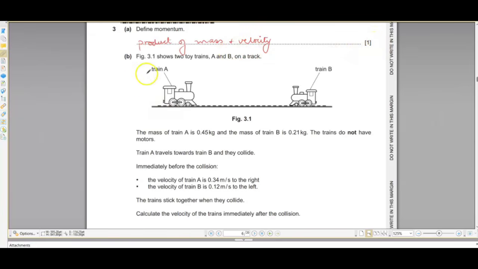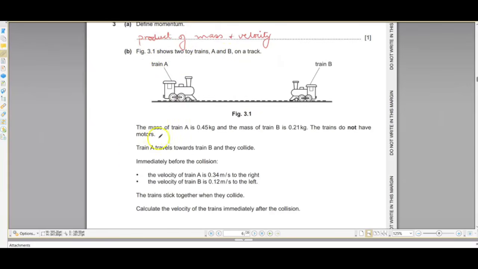Figure 3.1 shows two toy trains A and B on a track. The mass of train A is 0.45 kgs, and the mass of train B is 0.21 kgs. The trains do not have motors. Train A travels towards train B and they collide.